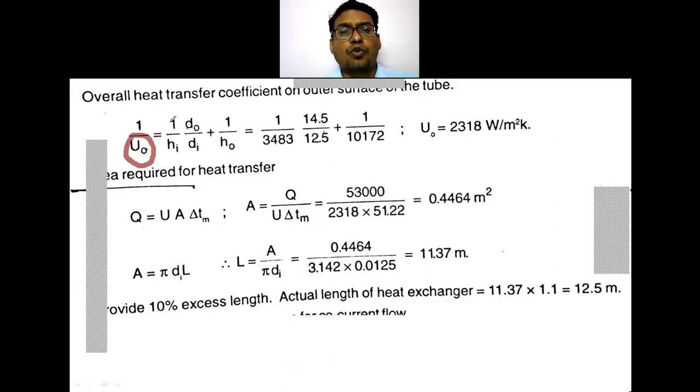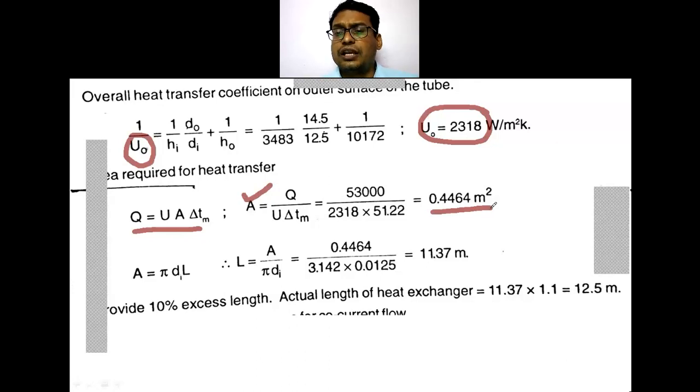So overall heat transfer coefficient is 1 upon HI into dO upon dI plus 1 upon HO. And this gives 2318 watts per meter square Kelvin as the overall heat transfer coefficient. And from there, we calculate Q, which is equal to U A delta Tm. So area is calculated as 0.4464 meter square.